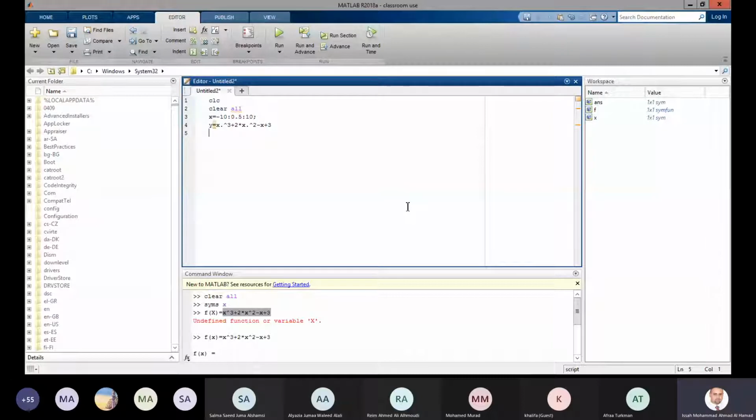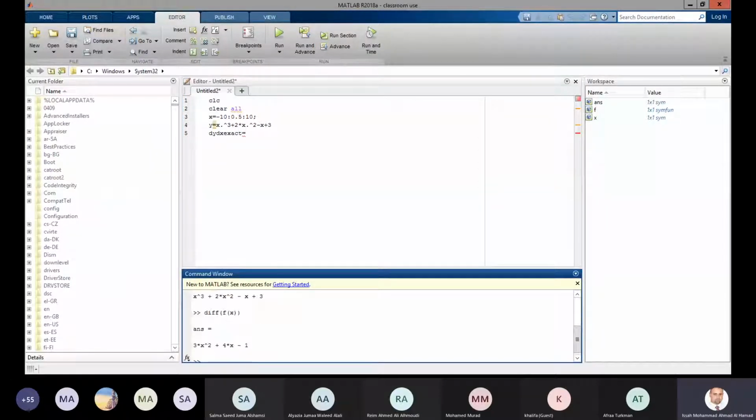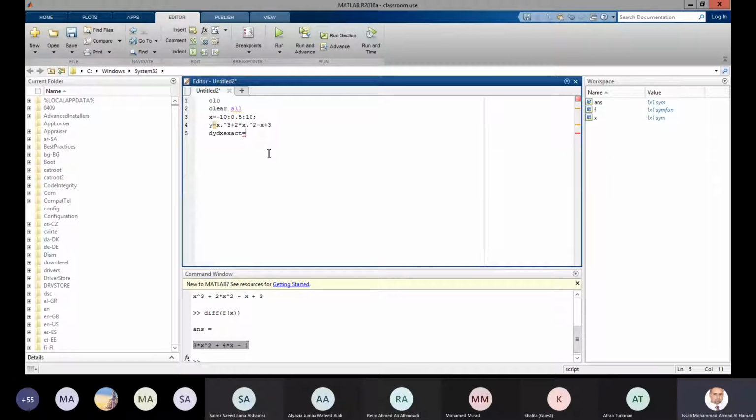Now the exact derivative, dy/dx exact, equals this value. So we can copy this value here, and we need to put the dot here and here. Now what I'm going to do is find the exact derivative and the numerical derivative and compare them to each other.